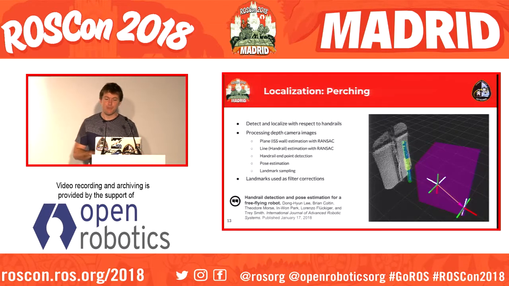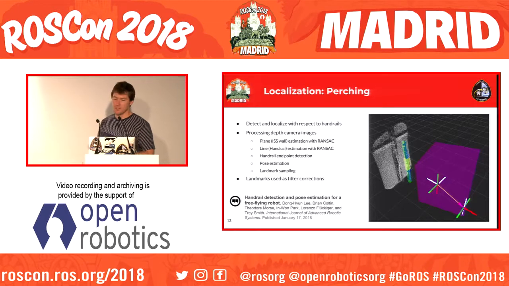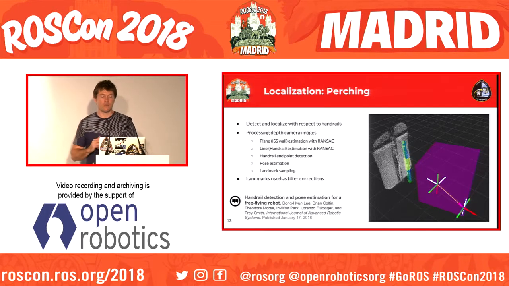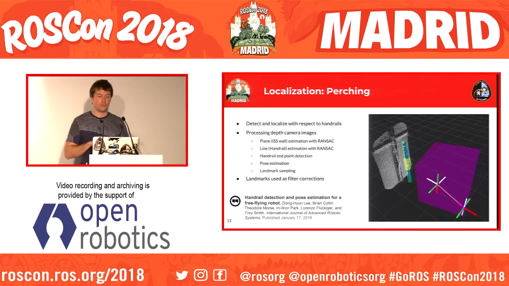Perching is a little bit more complicated because we're processing depth camera images. The crux of the algorithm is that we use the depth camera to do a wall estimation by trying to fit a plane with RANSAC. We then also use RANSAC to similarly find a line describing the handrail. And the important thing is we don't necessarily have colored points. We only use the depth camera.